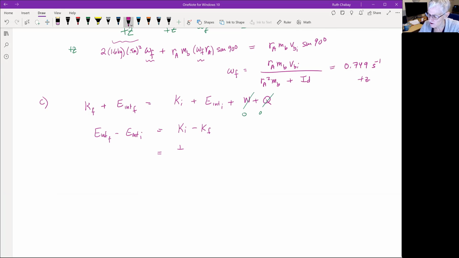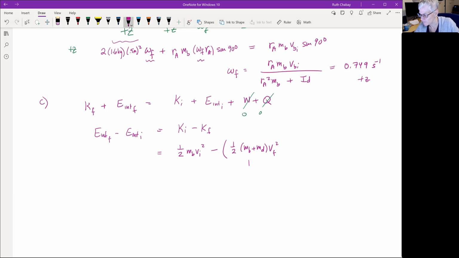And the initial kinetic energy, that's easy. It's just a half times the mass of the bullet times speed squared. The final kinetic energy is a little awkward because it's got two pieces. We have this translational kinetic energy due to the whole thing moving. So it's a half times the total mass of the system times v squared.